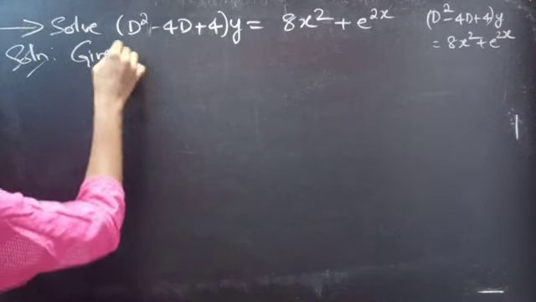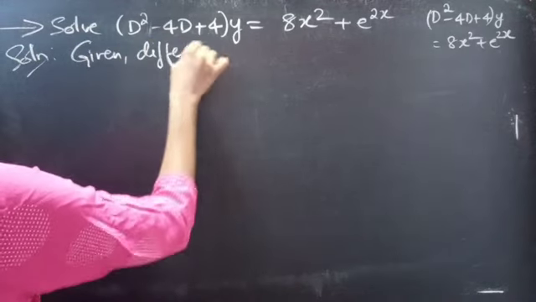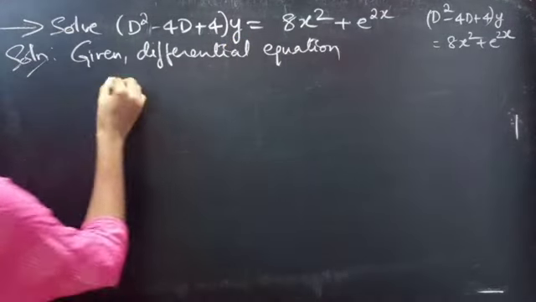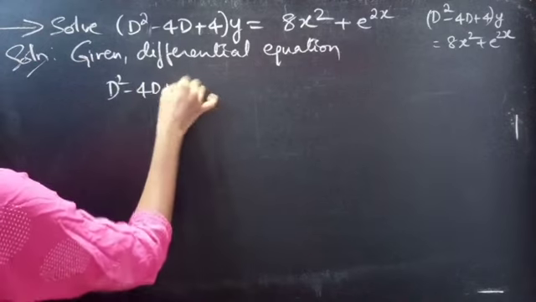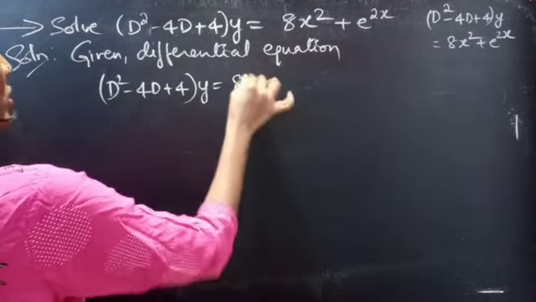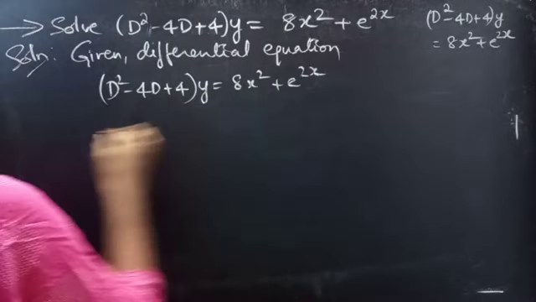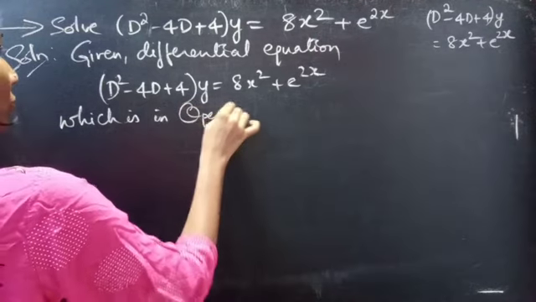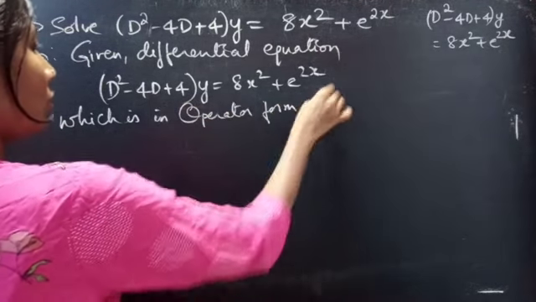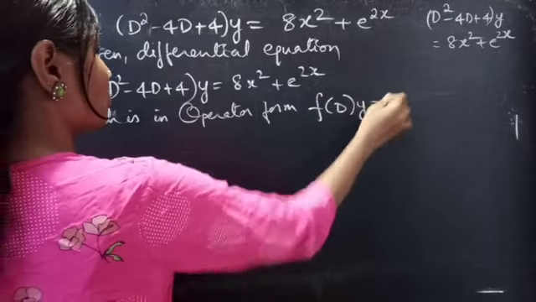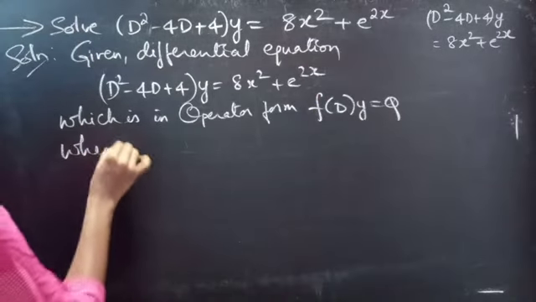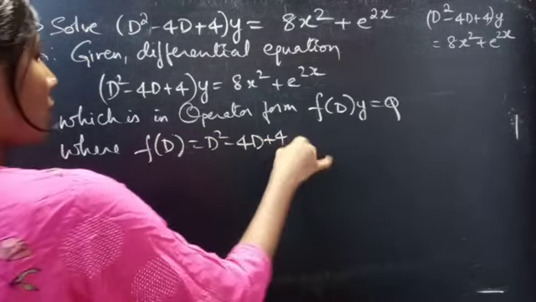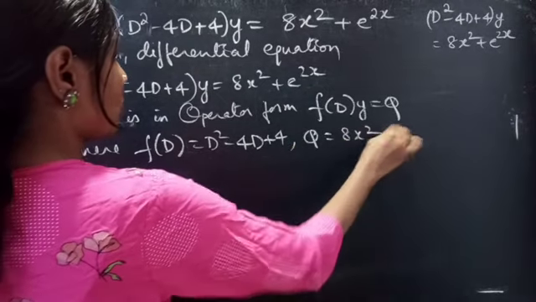Given differential equation, (D square minus 4D plus 4) y equals 8x square plus e power 2x, which is in operator form: F of D into y equals Q, where F of D equals D square minus 4D plus 4 and Q equals 8x square plus e power 2x.